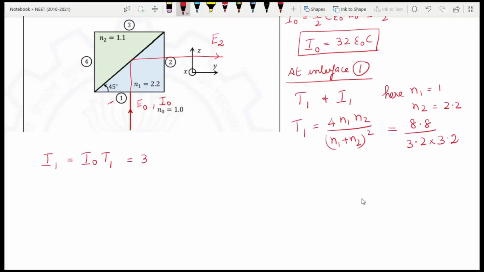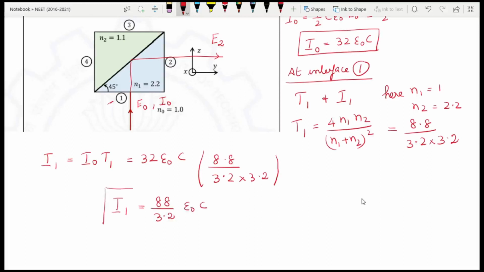I0 is 32 epsilon naught C, times 8.8 divided by 3.2 into 3.2. By simplifying it, we will be getting 88 divided by 3.2 into epsilon naught C. So this is the intensity of the electromagnetic wave that is entering inside the slab through phase 1.